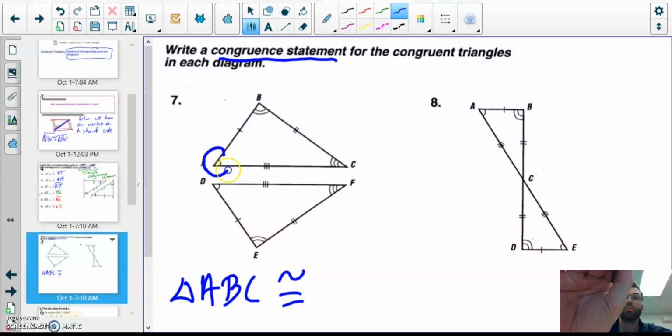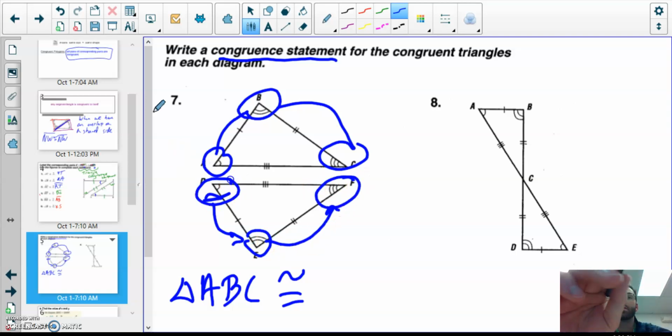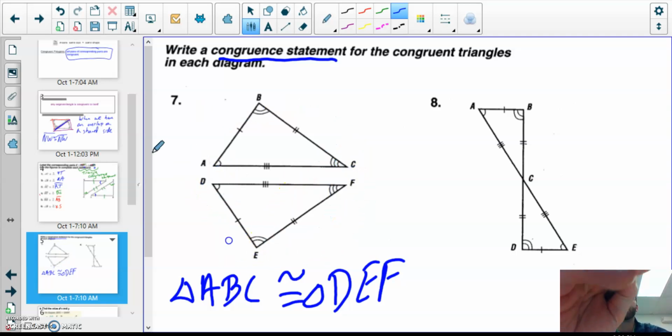So if I go from one tick mark to two to three, I have to go from one to two to three, as in these angles. This angle is one tick, two ticks, three ticks, because those are the corresponding parts. The corresponding parts must match. B matches with E. C matches with F. There are a lot of different combinations for this.